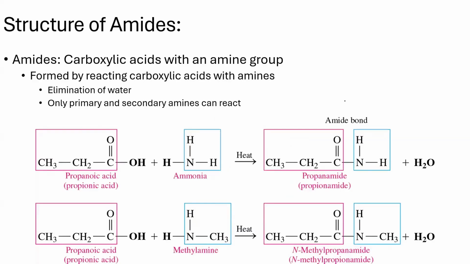And why is that? That's because if we look at this, well, that's ammonia. But if we look at this, this is a primary amine. So you have two hydrogens to react with.